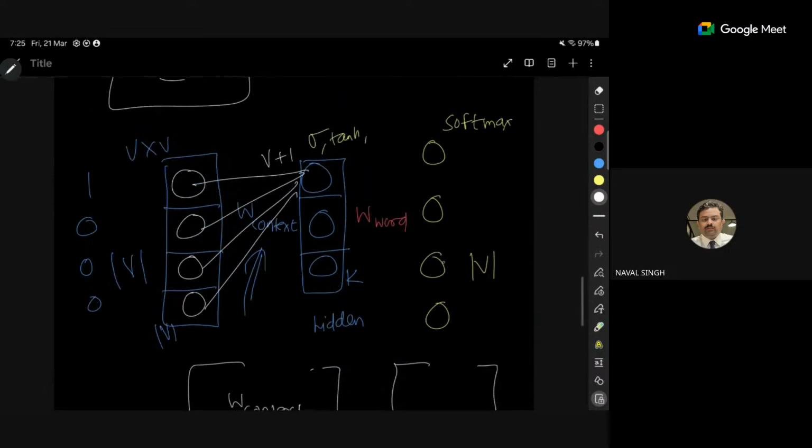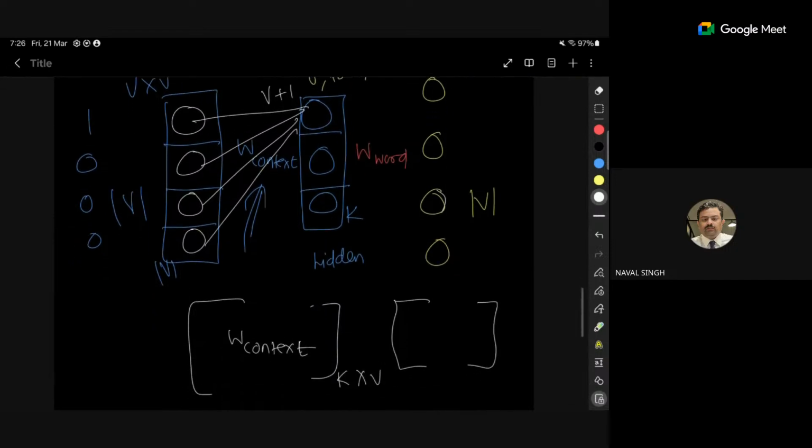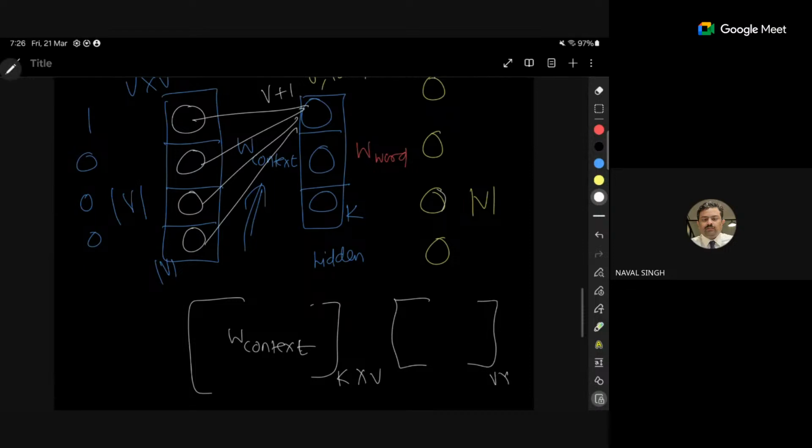The output is also V size because all the words we want to include in the prediction. There are V words, so V cross K. Okay, W word.